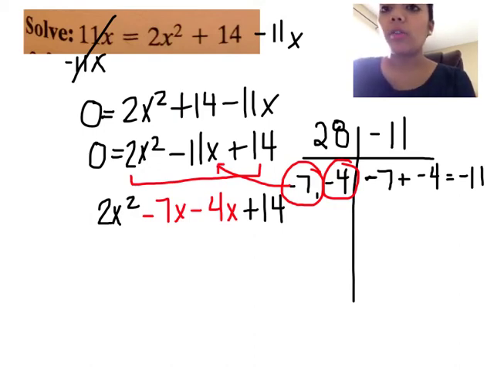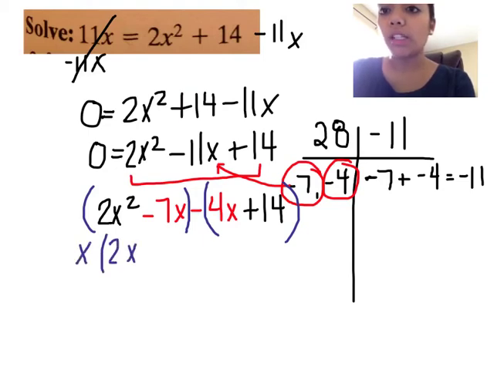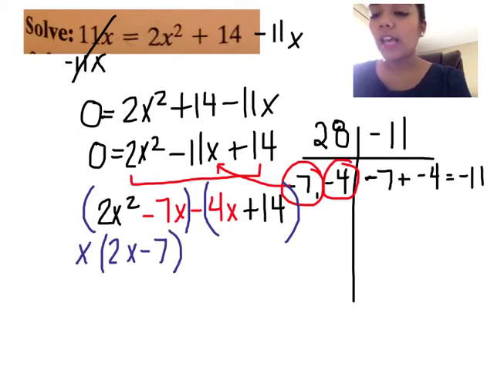So now I group them. If 2x squared minus 7x, the only thing I can take out is an x. So inside I'm left with 2x minus 7. And on this side, I can divide both of these by 2, but this is a minus sign, so it's going to be divided by a negative 2.